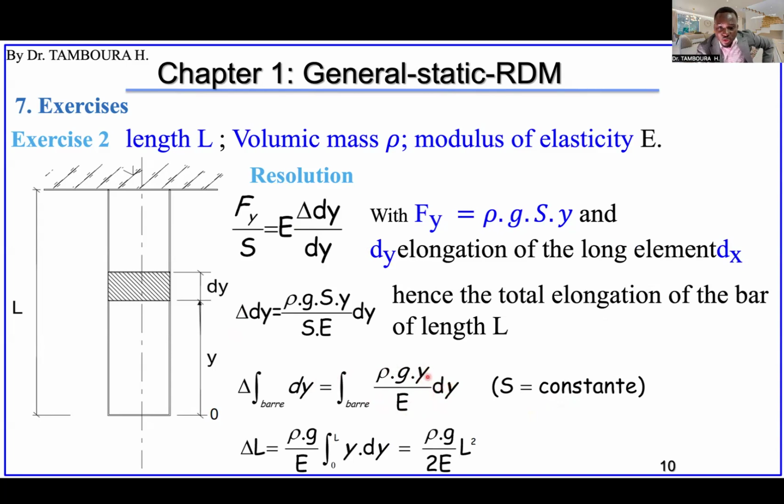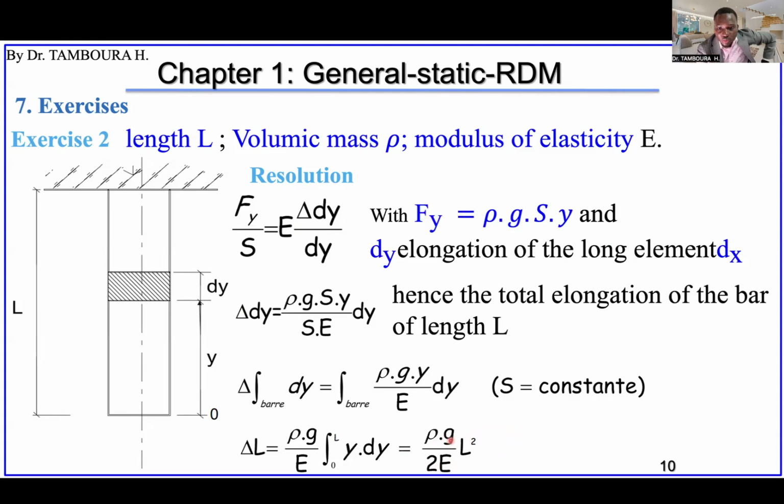Okay, the primitive of this. So we can send this constant out and integrate y dy from 0 to L. That is very easy. It will be just 0.5, or 1 over 2, y squared.